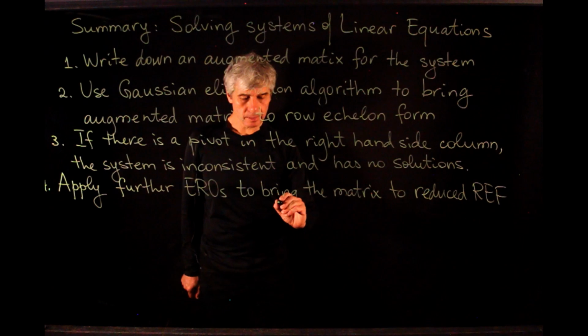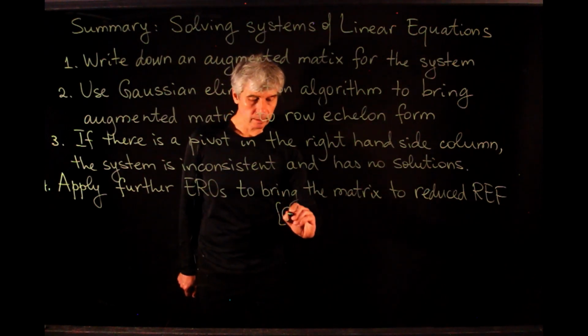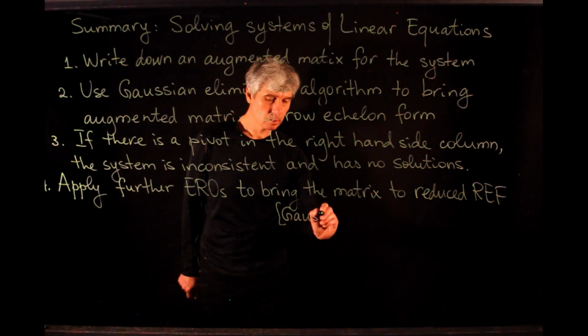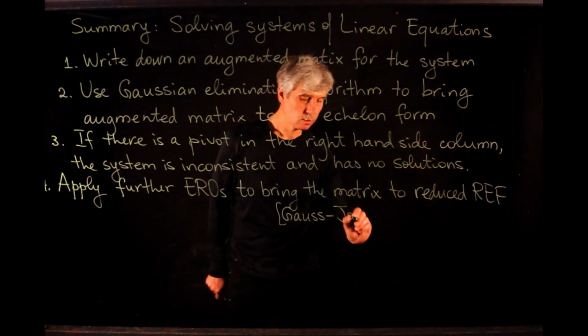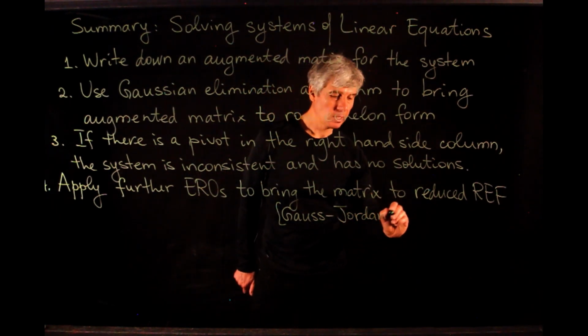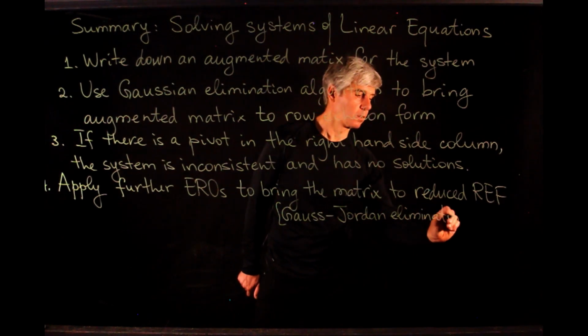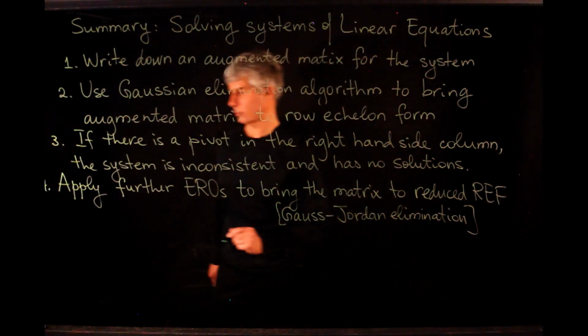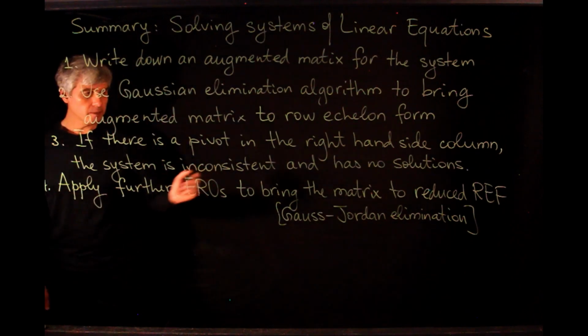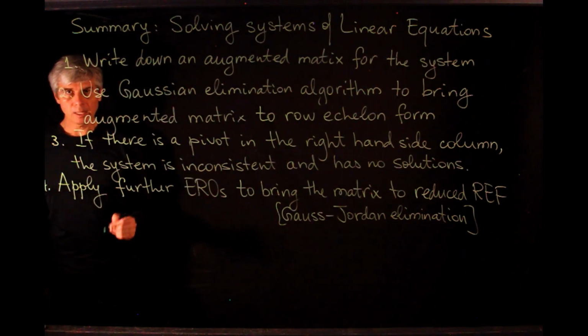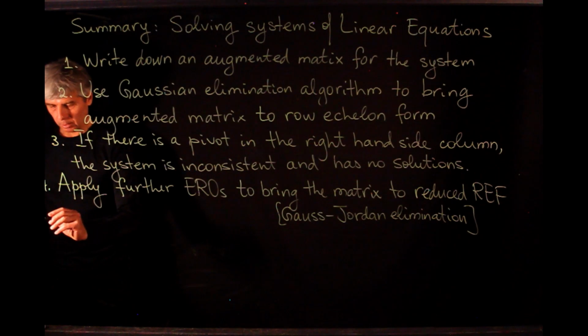This part is called Gauss-Jordan elimination. Once we get reduced row echelon form, now we can extract solutions.